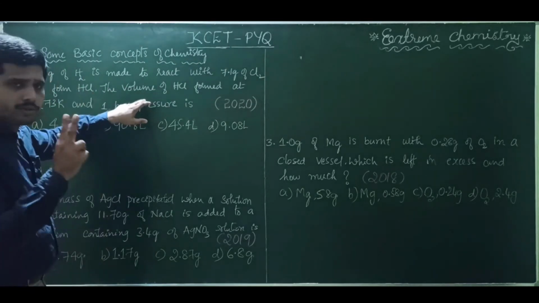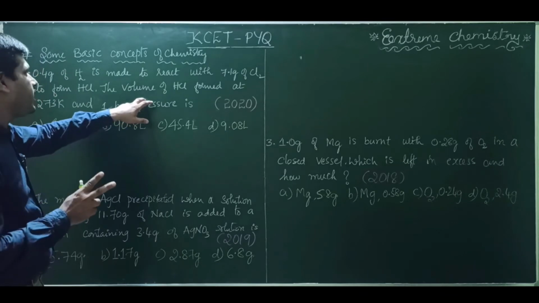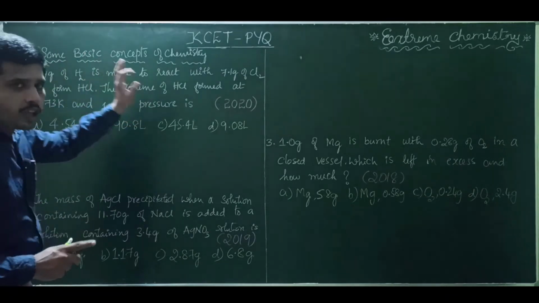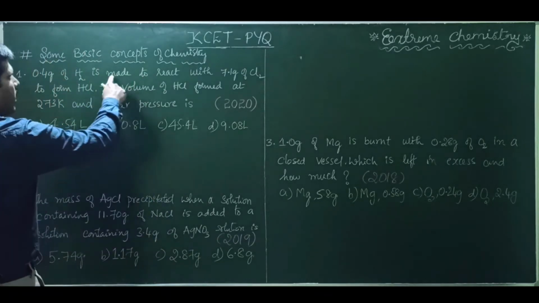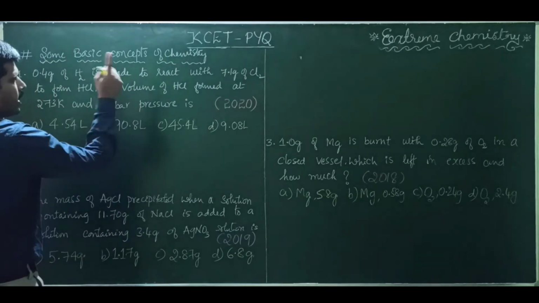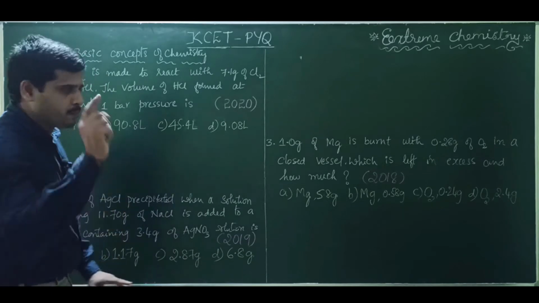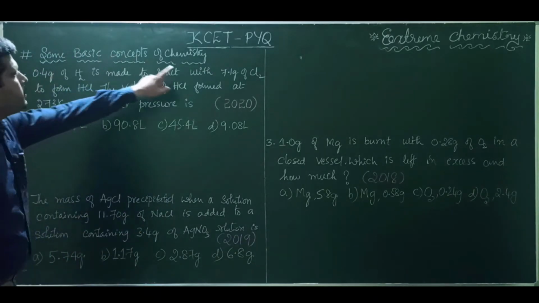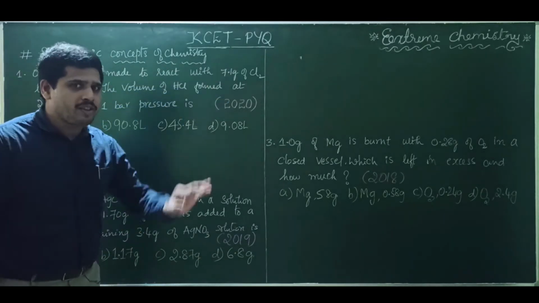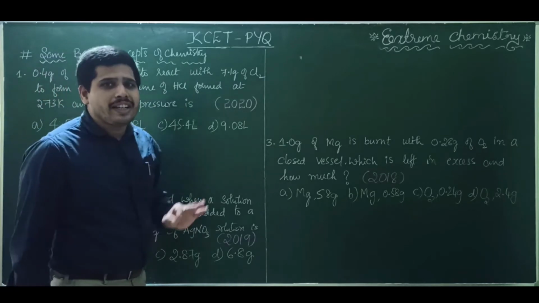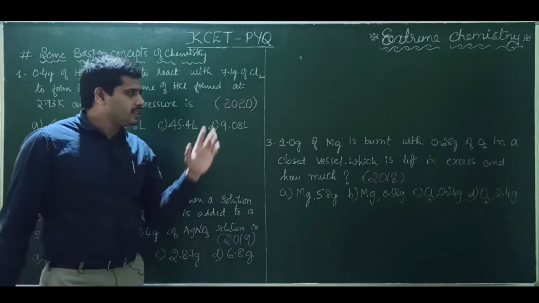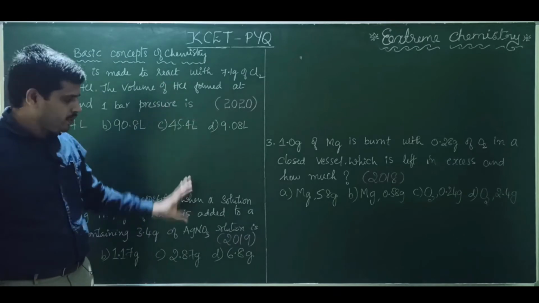So it is a mass-volume stoichiometry calculation problem. Then, since specific amounts of the reactants are mentioned, it is a limiting reactant problem. This much you have to understand from these types of questions.